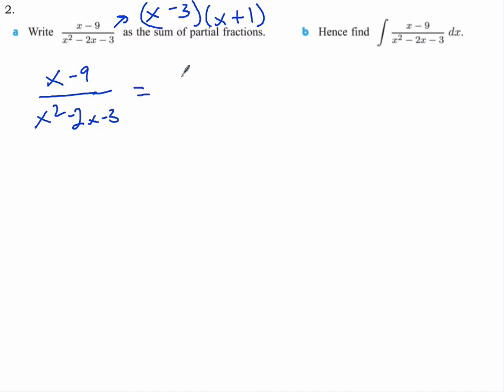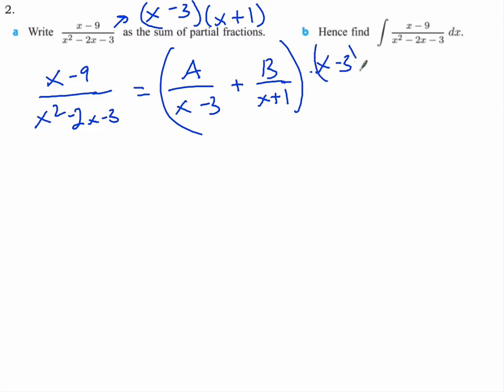So we can assume that we can write it in this form, A over x minus 3 and B over x plus 1. We'll assume that this is true for some constants a and b, and just figure out what those constants are. So we multiply both sides by x minus 3 times x plus 1.